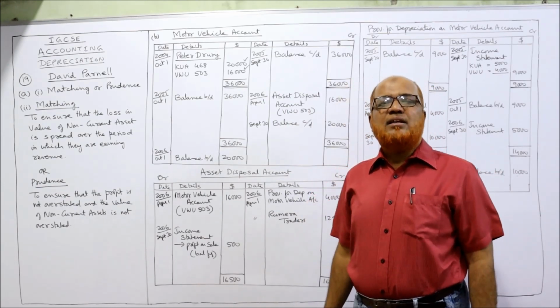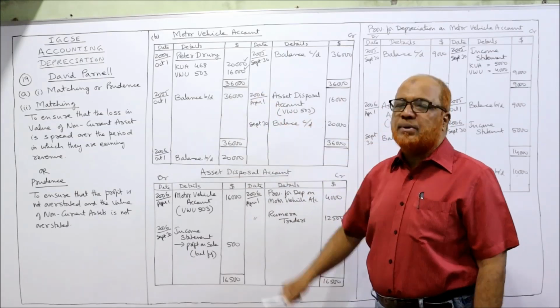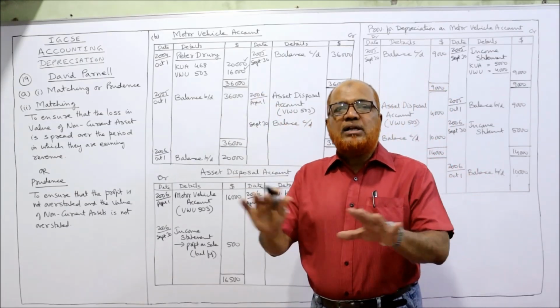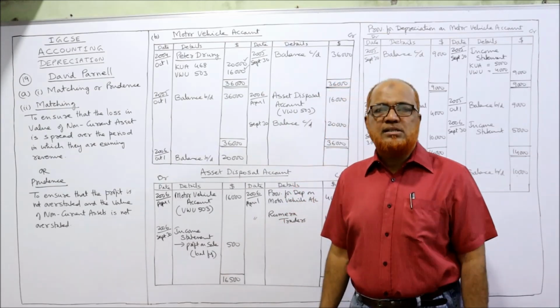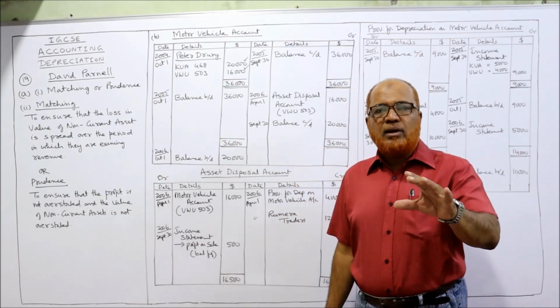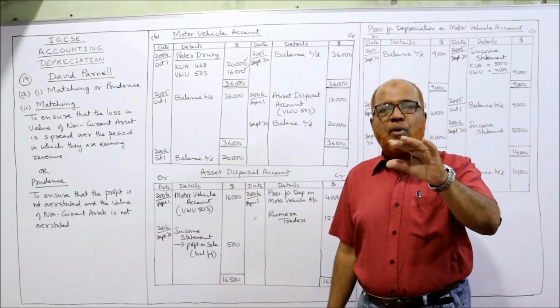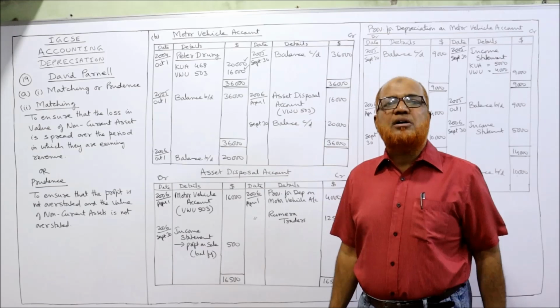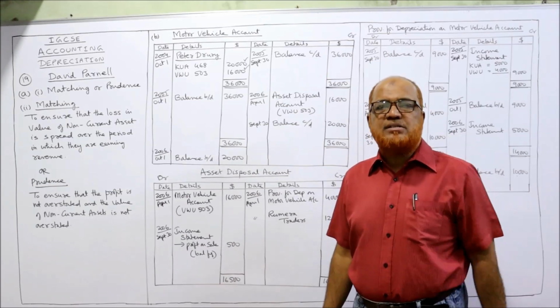That means 5,000 is the depreciation on the first vehicle and 4,000 is the depreciation on the second vehicle. Total depreciation is 9,000. So the entry for depreciation: income statement debit, provision for depreciation credit.